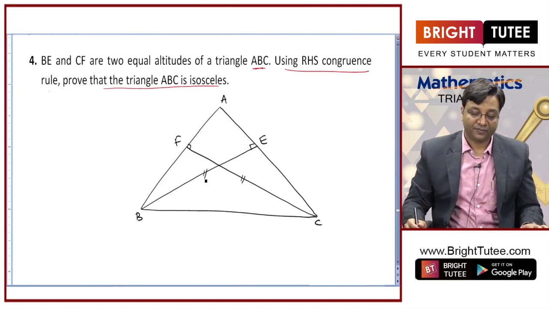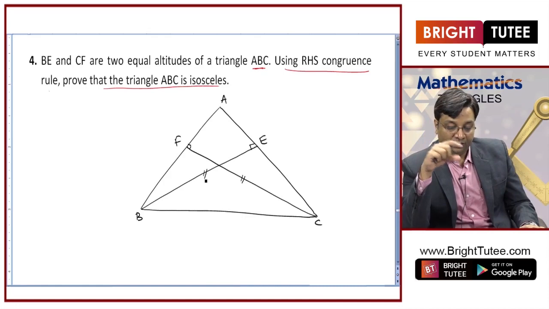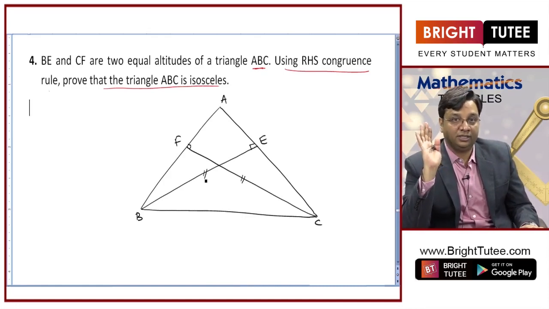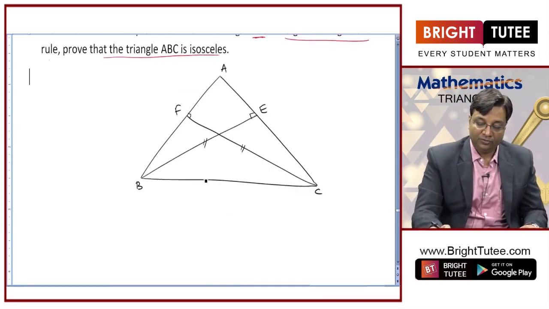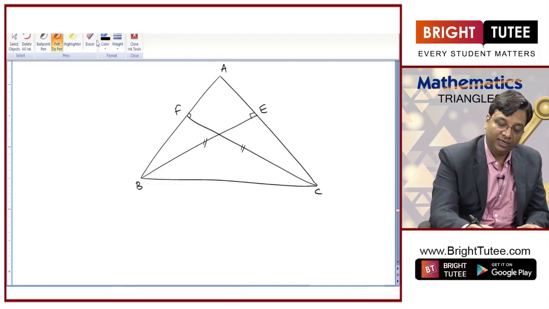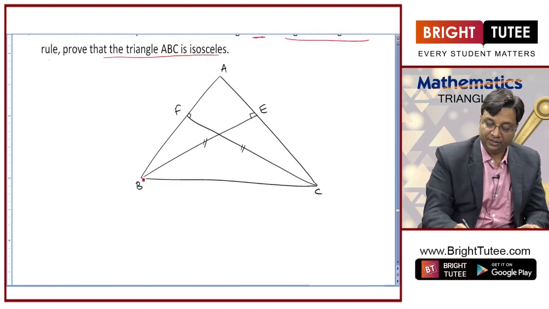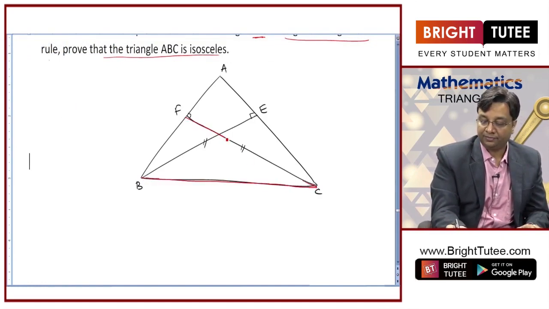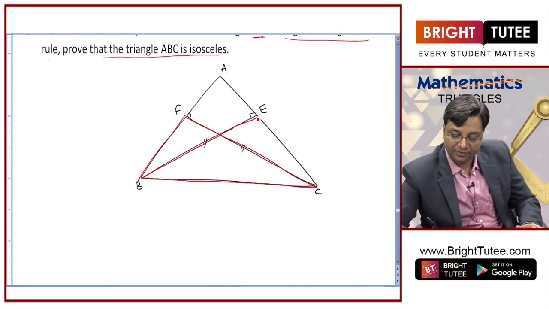Okay. So, if triangle ABC is isosceles, it will be enough to show that two angles are equal. If two angles of triangle ABC are equal to each other, then this triangle will be an isosceles triangle. So, let us try to prove that. If I look at these two triangles, triangle BCF and triangle BEC.